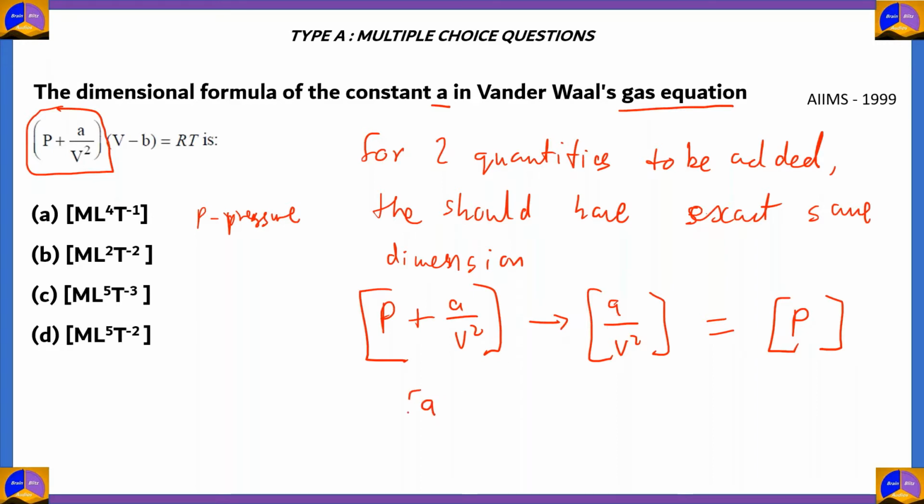So A is the constant whose dimension we need to find. And V is volume, which is L cubed. And since we have V squared, we'll have L cubed the whole square, which is equal to the dimension formula of pressure, M L raised to minus 1 T raised to minus 2. Force by area. So you get M L raised to minus 1 T raised to minus 2.